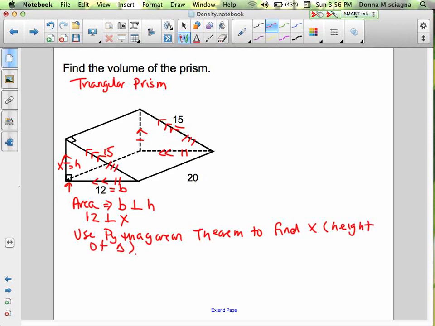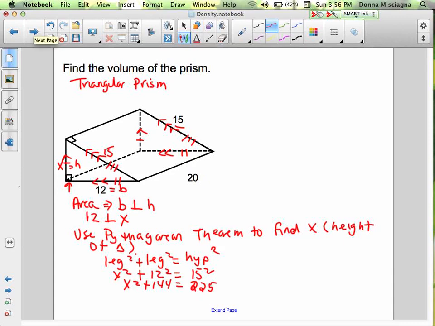So remember, it's leg squared plus leg squared equals hypotenuse squared. The hypotenuse is always opposite the right angle. So the 15 is the hypotenuse. So this is x squared plus 12 squared equals 15 squared. That's x squared plus 144 equals 225.